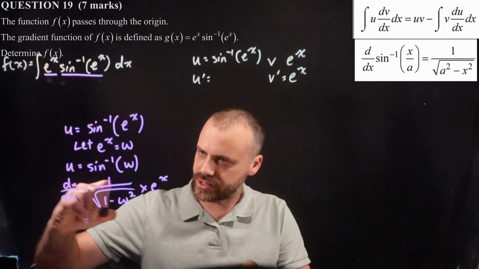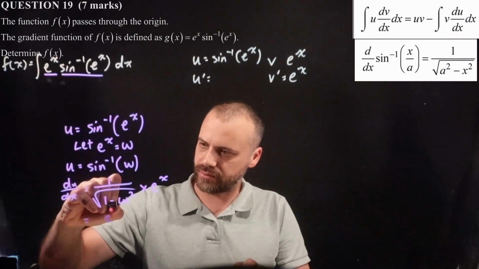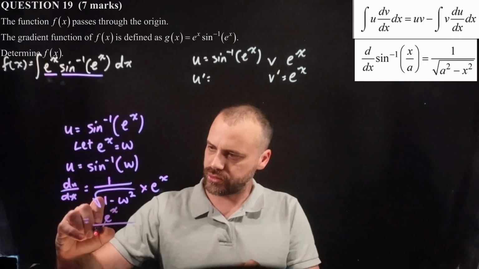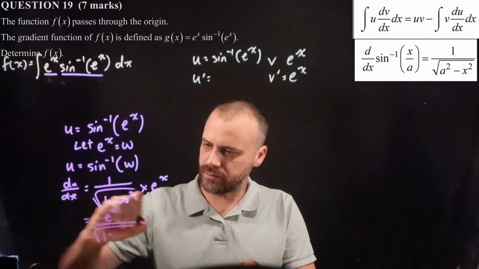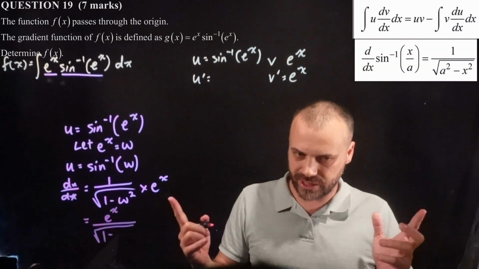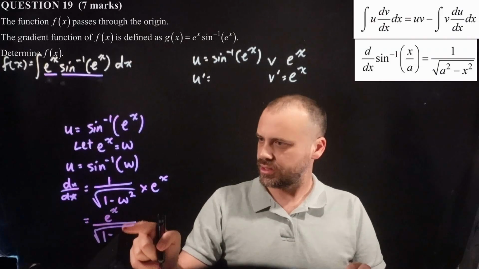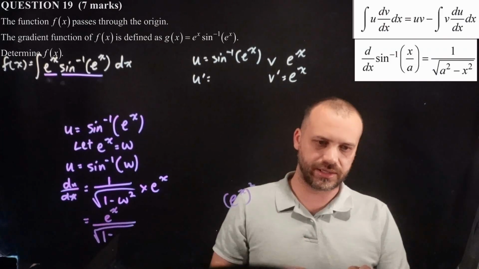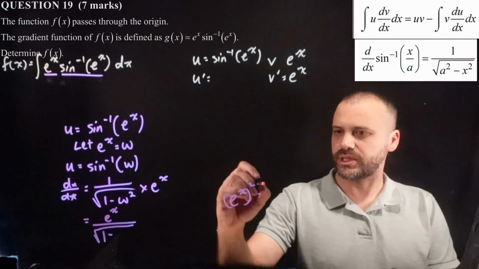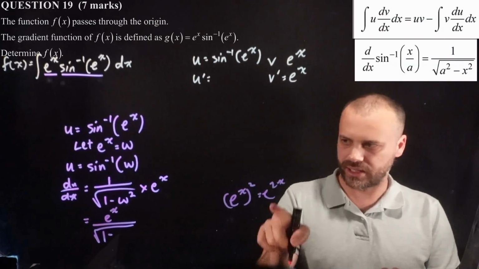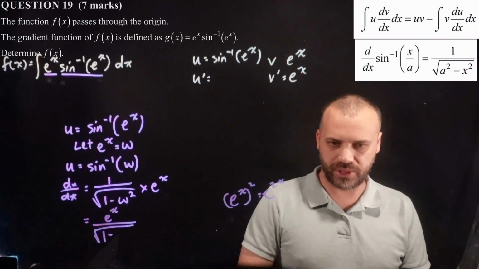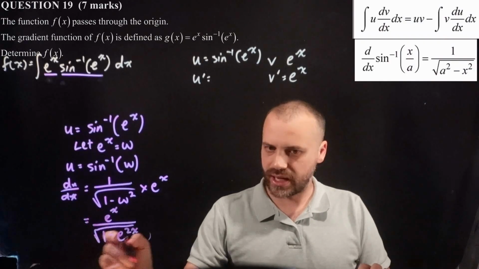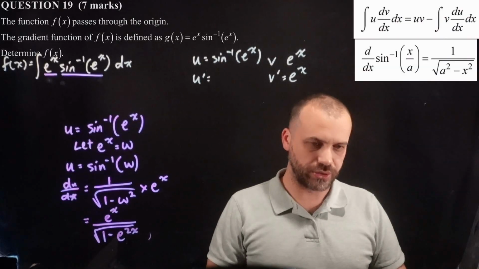Now bringing all of this together, we have e to the x up the top, square root 1 minus, now w isn't w, w is e to the x, but we are going to square it as well, e to the x squared, and that's going to be equal to e to the 2x. So that becomes e to the 2x. Happy days, I can take that, and that is going to be my u dash.